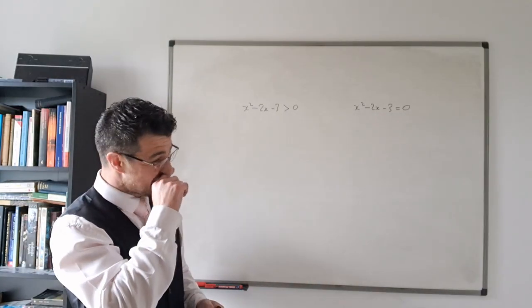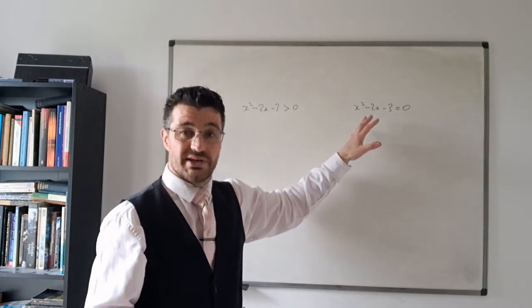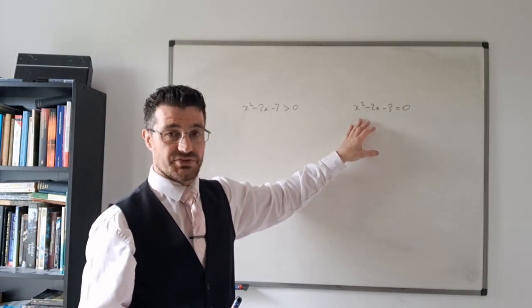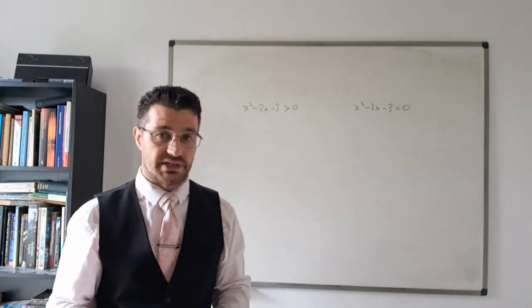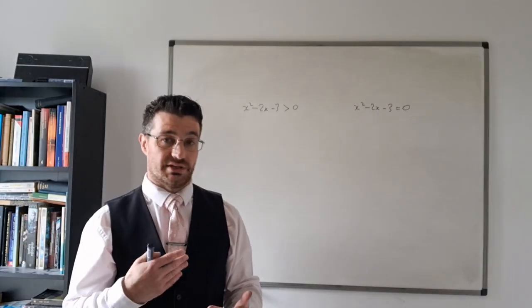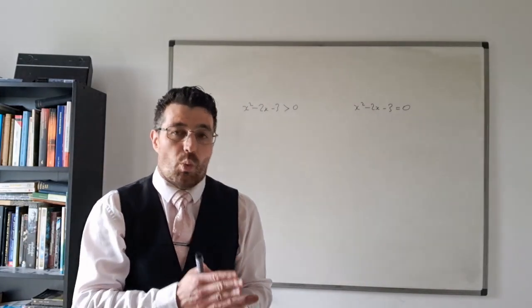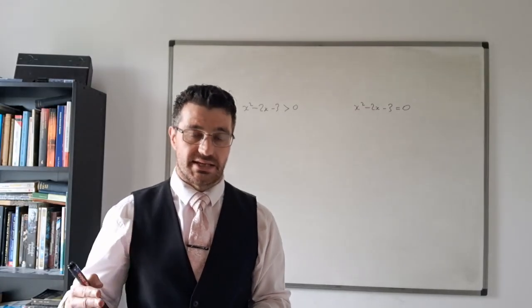And it's purely because, I hate to say it, they don't understand what they're doing when they're solving this quadratic equation, or they don't understand thoroughly enough. I'm not saying that they don't know how to solve this, it's just that they know which steps to go through, but they don't understand why they're taking the steps that they are taking.